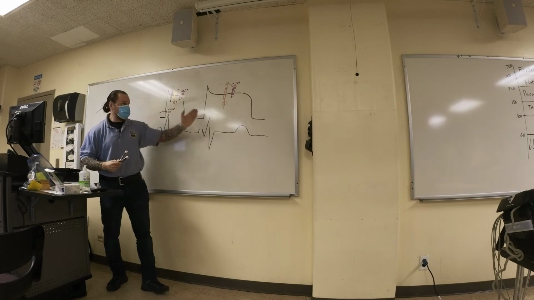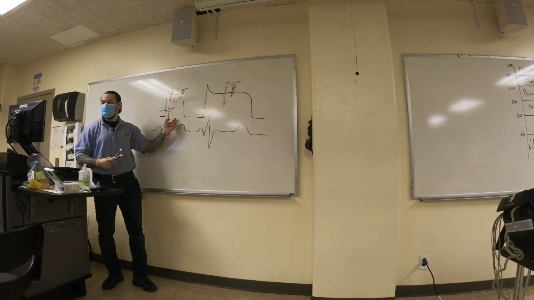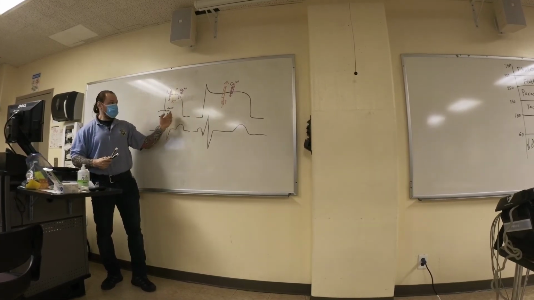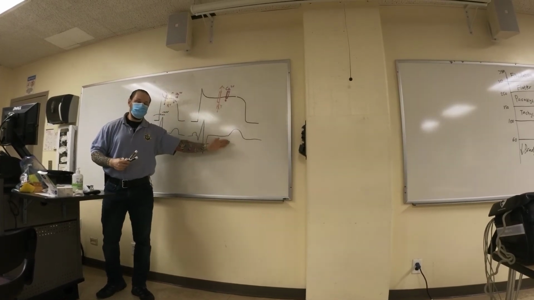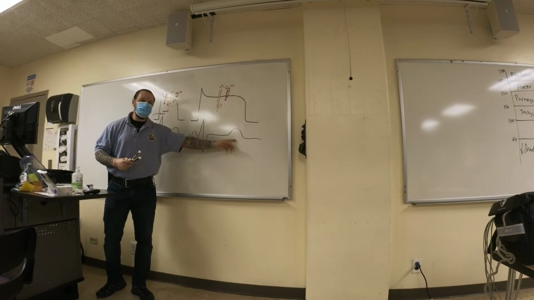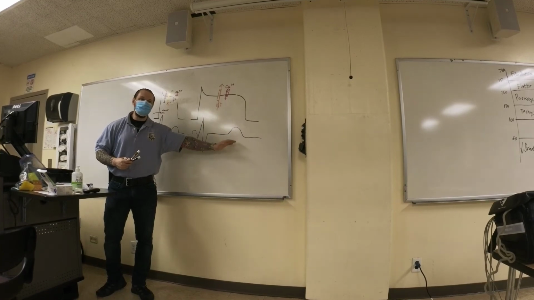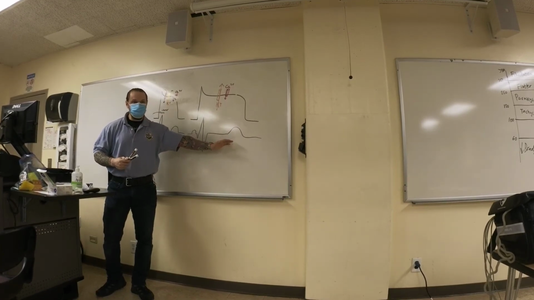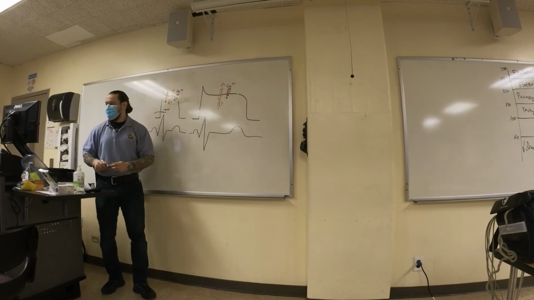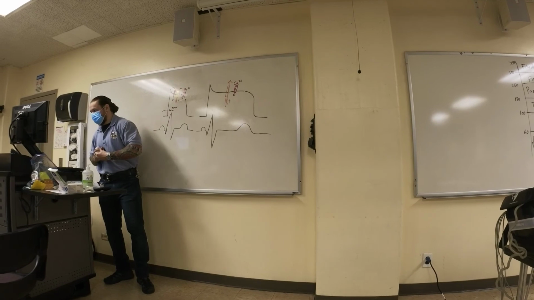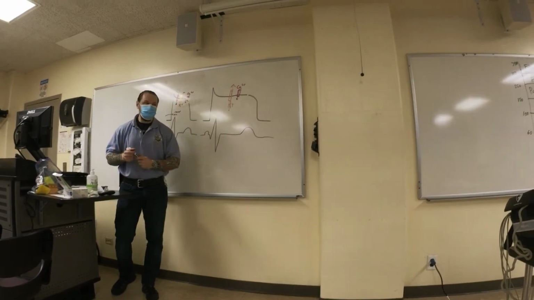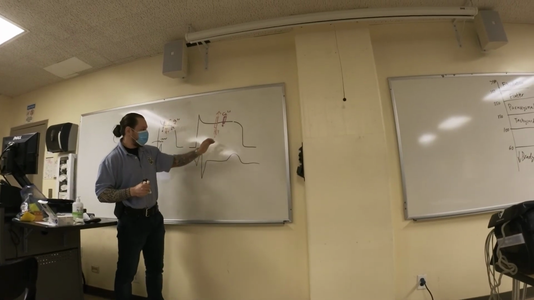You guys see this? There's a longer period as opposed to here. So because you have a longer period, if you have an impulse that comes in, it can cause the R on T phenomenon and cause it to go into polymorphic V-tach or maybe another type of V-tach. They call it early afterdepolarization.